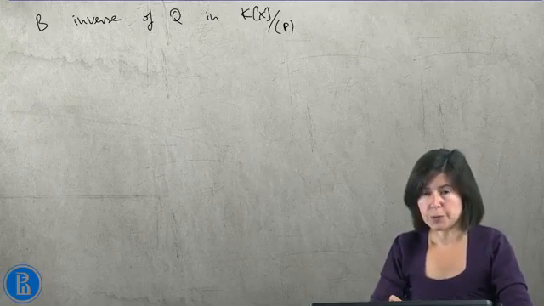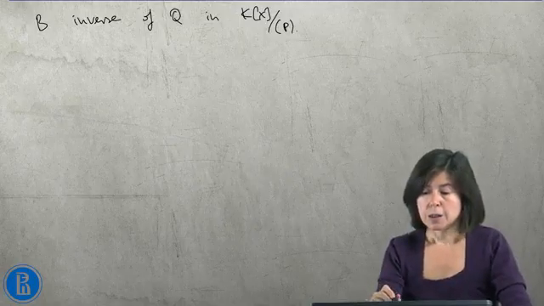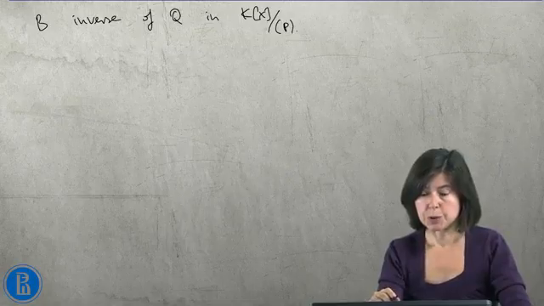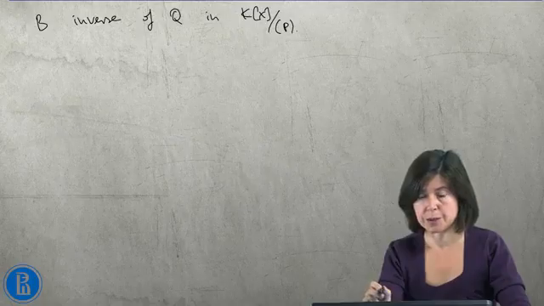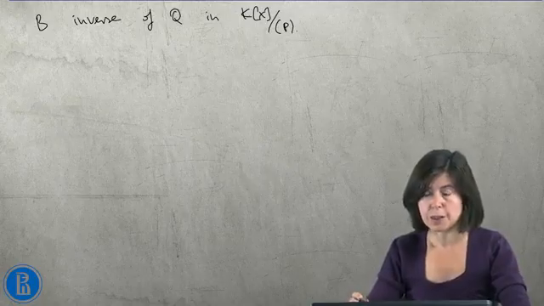Instead of writing down the Bézout equality, one can also say that an ideal generated by an irreducible element of K of x is a maximal ideal, and the quotient by a maximal ideal is always a field.